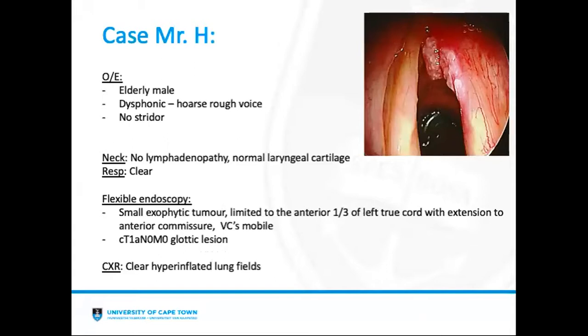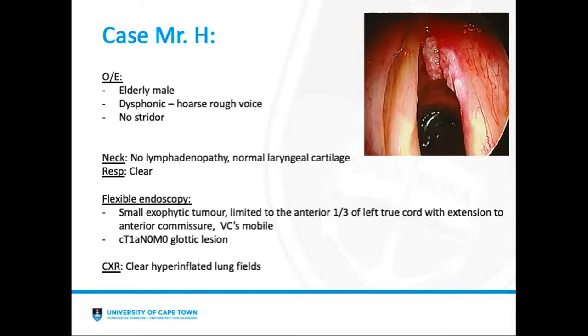Clinically, he was an elderly male. He was notably dysphonic with a hoarse, rough voice, with no audible stridor or respiratory distress. On examination of his neck, he had no palpable lymphadenopathy, a normal laryngeal cartilage skeleton, and on auscultation, his respiratory system was essentially clear.